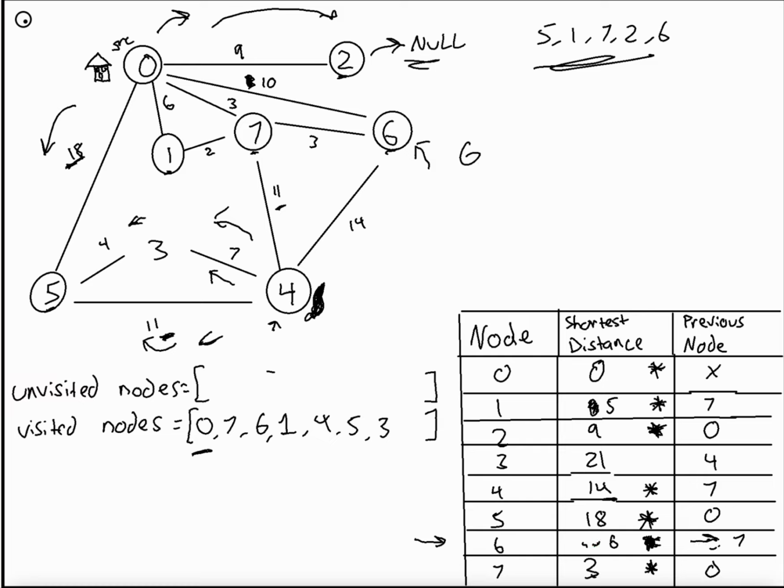I came from node 7, and from 7, which has a distance of 3, I came from 0. So 6 to 7, and then 7 to 0. That's definitely the shortest path. And you can do that with any node that you wish to find the shortest distance back to the source vertex.